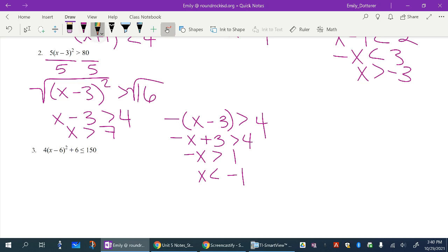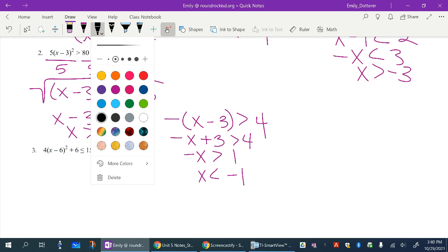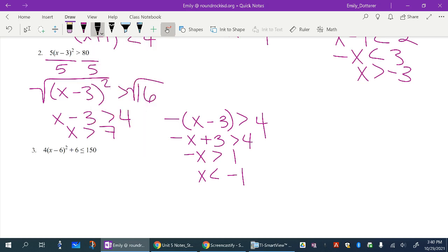I'll use black. That'll probably be easier to see. So we've got 0, we've got 7, and we've got negative 1. We've got open circles again, because we still don't have an equal to.